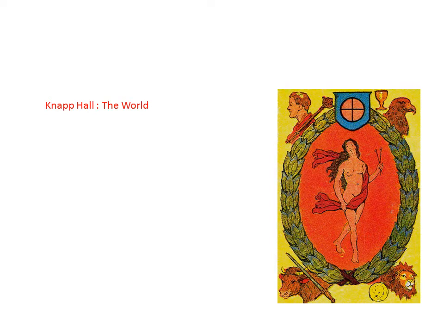We also show in the Knapp-Hall version the world card, and we have the veil again that's showing up. Now, what I wanted to bring to your attention is a couple of things. We have the circle with the cross here, which could be a few things. It could be the paten taken in a liturgical form, or with the cross in the middle of a circle, it represents manifestation in the one.